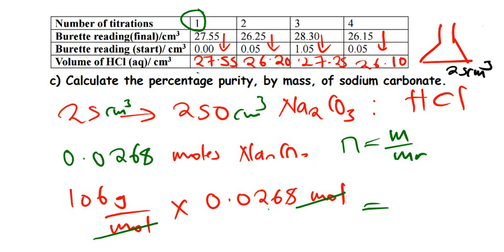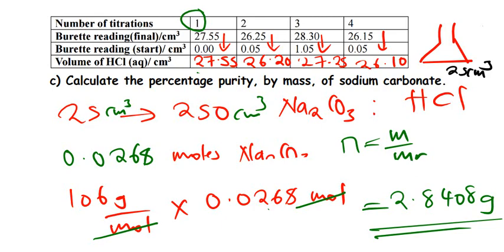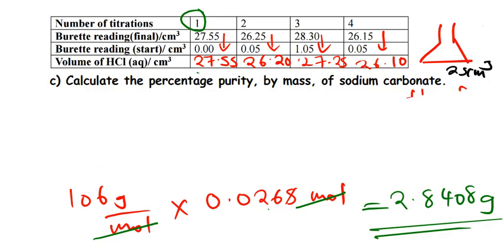So 106 times 0.0268 gives us 2.8408 grams. Okay, that's the grams. So we have the grams of pure sodium carbonate that had taken part in the reaction.